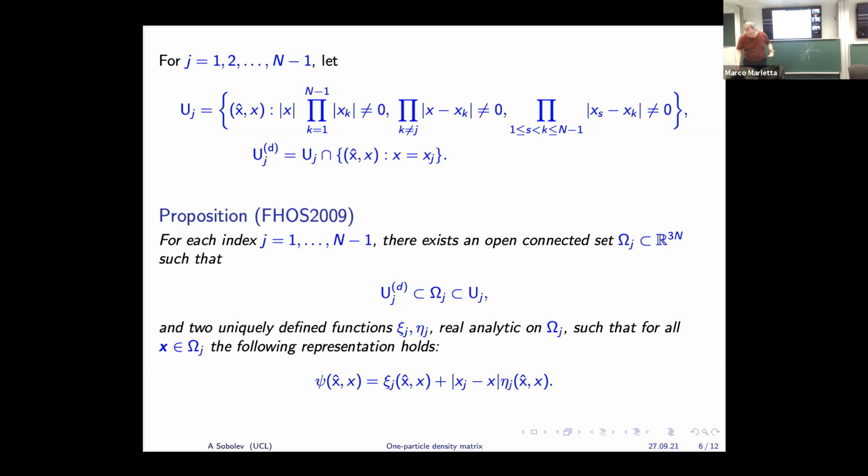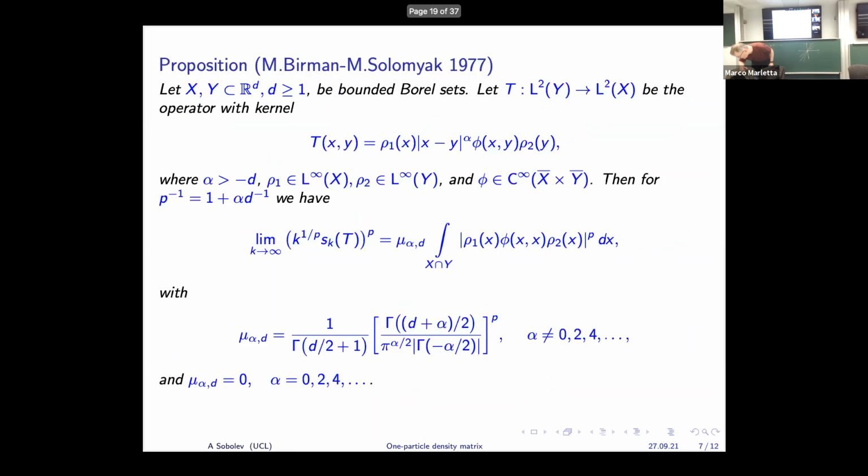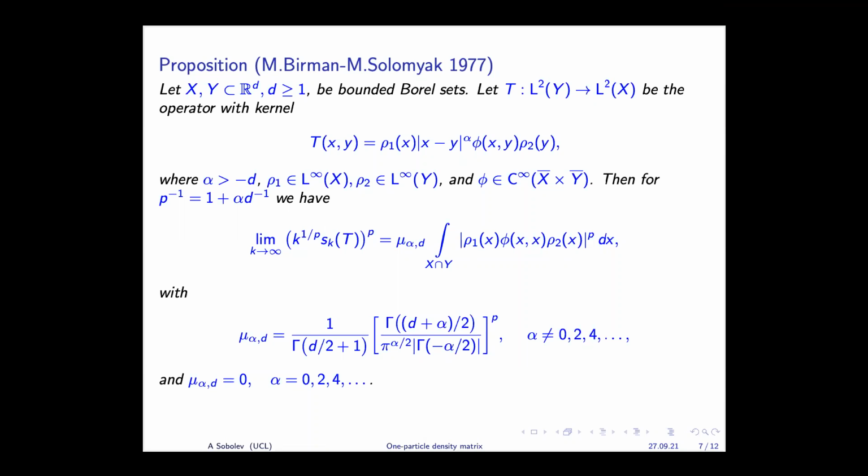Why is this representation what actually determines everything? Let me explain this. Here is the theorem, which I call proposition, by Birman and Solomyak, established in the 70s. I put the date there, 1977. It was just one of the papers, but this is a result that can be found in various papers.